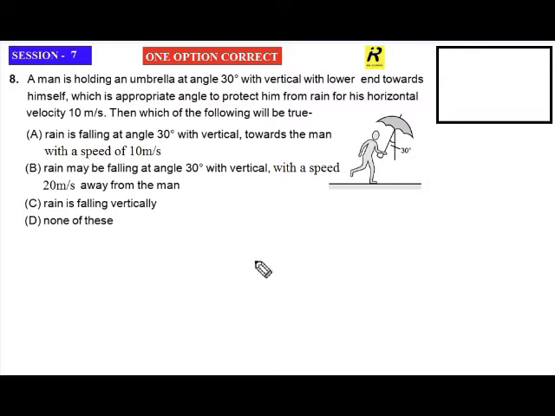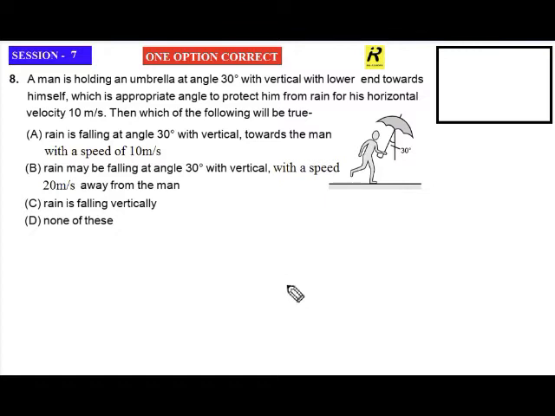If we assume the raindrop, which is here, is about to hit the body of the man, then the horizontal component of the velocity of the rain, so this is V rain sin 30, must be equal to the velocity of the man. This is the condition.